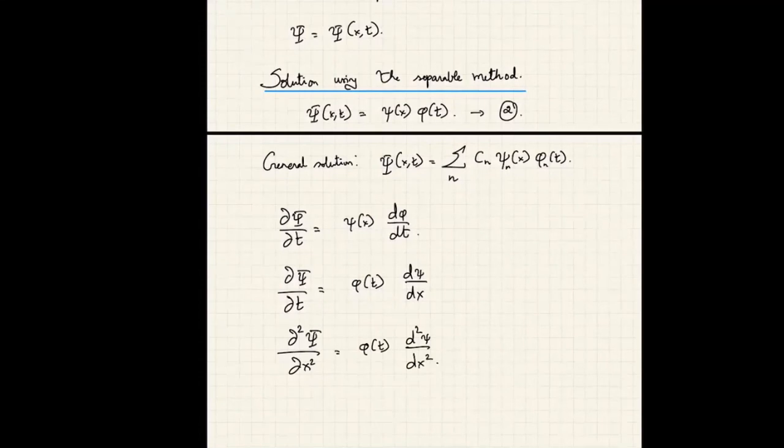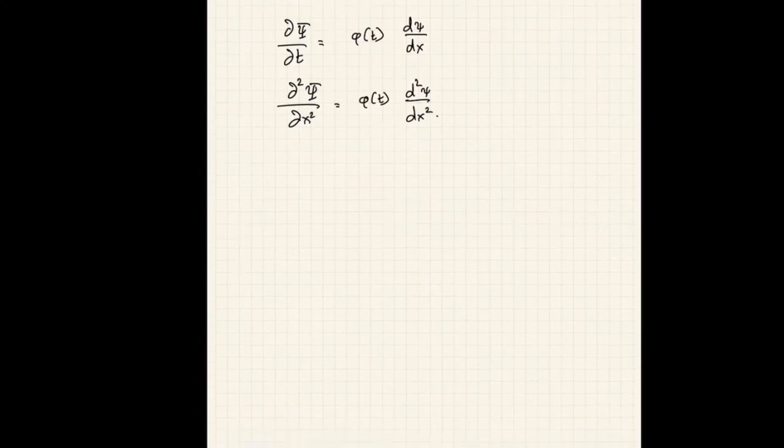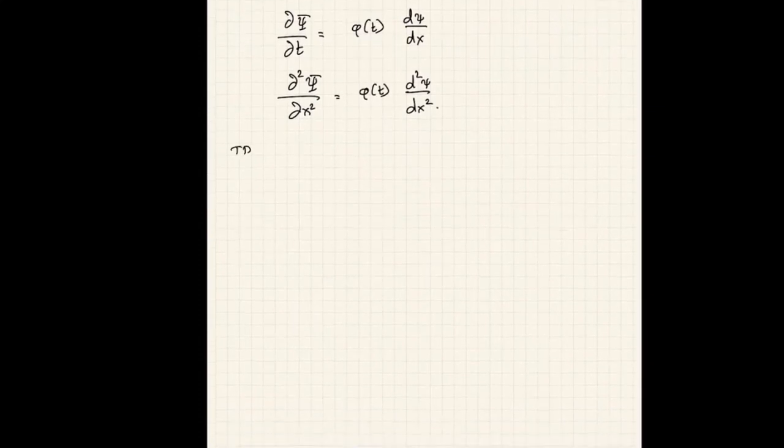Okay, so plugging in these things in the time-dependent Schrodinger equation, with this Ansatz of separable solution, would give me i h bar psi of x d phi dt equals minus h bar square over 2m phi of t d square psi over dx square.